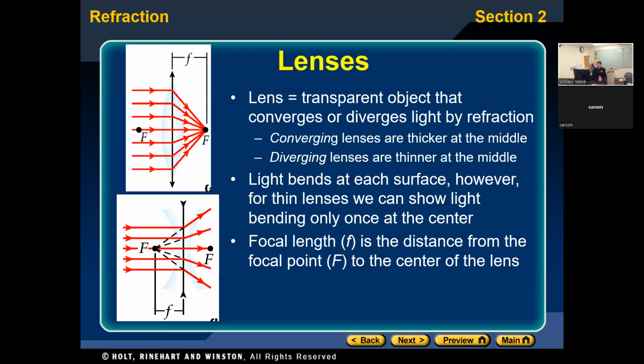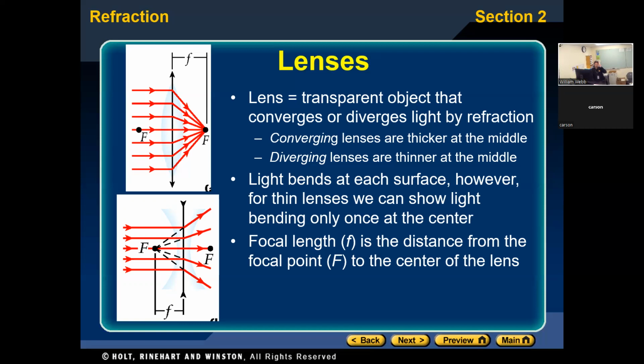And if it's a converging lens like the one on the top, all the light gets directed to that focal point. But if it's a diverging lens like the one on the bottom, then after it goes through the lens, it branches all out. It makes those rays all spread out. So where you actually see the image is in front.